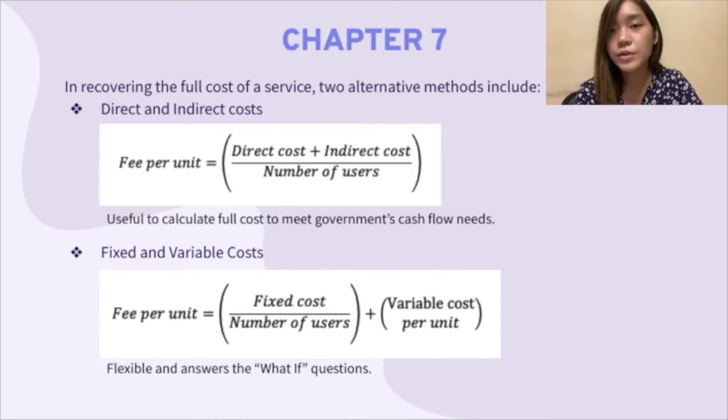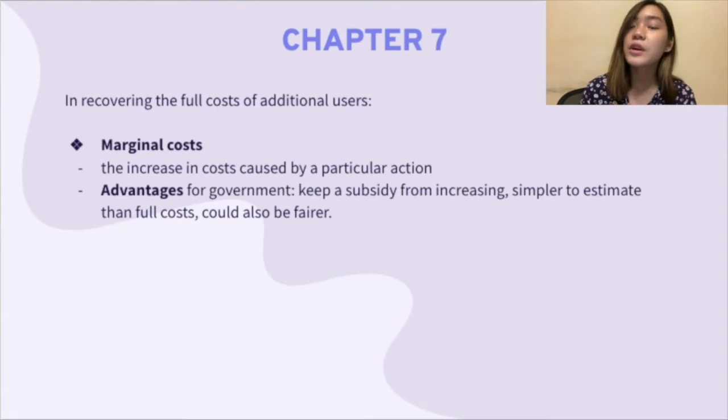In recovering additional costs caused by additional users of a service, using the marginal costs method could be useful. The marginal cost is the increase in costs caused by a particular action. Advantages for the government could be keeping a subsidy from increasing because the users would still have to pay for the additional use.